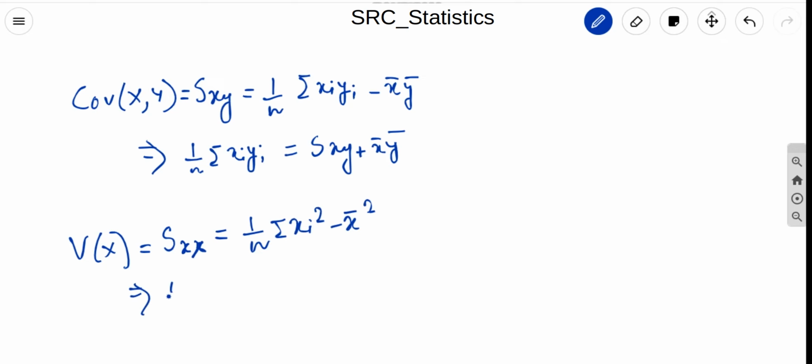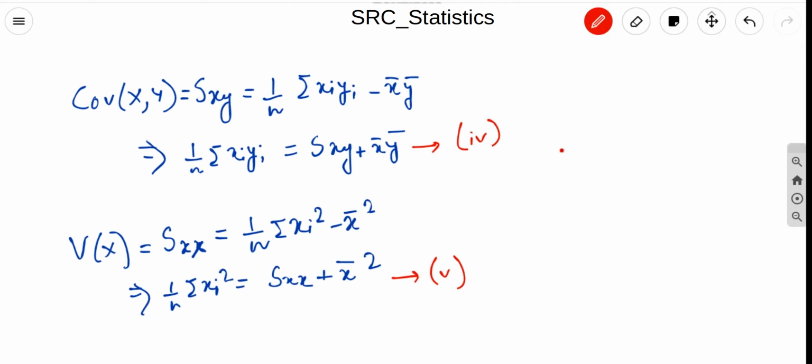This can also be written as 1 by n summation xi square equal to sxx plus x bar square. Let us mark these two equations as equation 4 and equation 5.